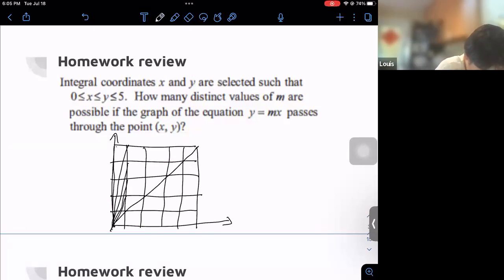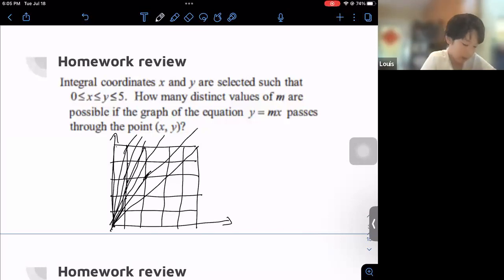And then we also have that this passes through this point. So it's like this. And we have a 7th line, 8th line, and then 9th line, 10th line, and finally 11th line.